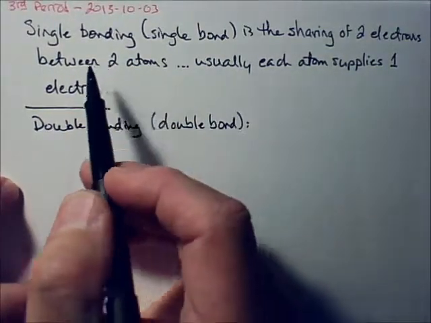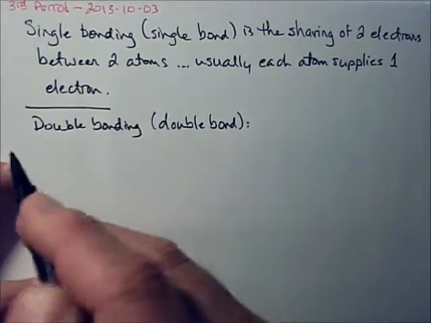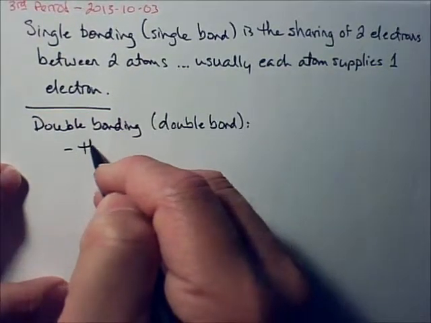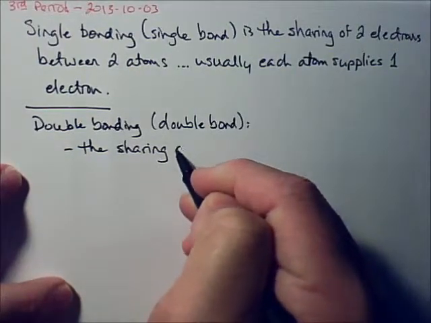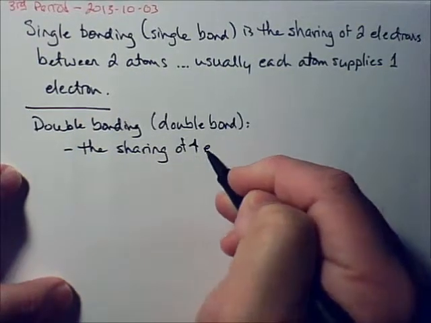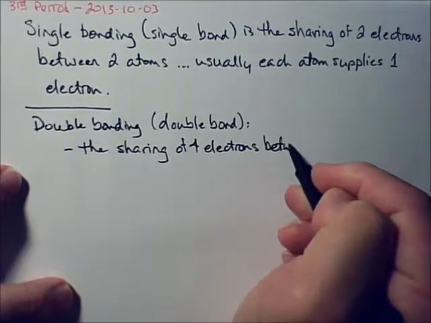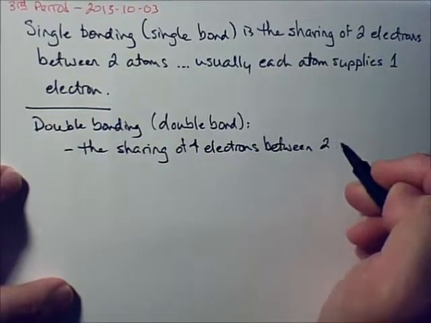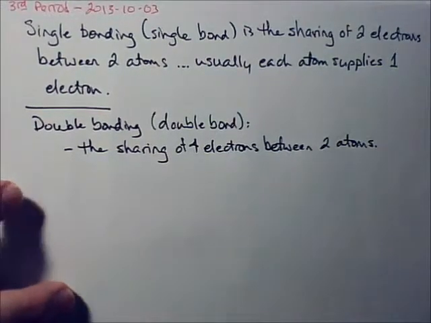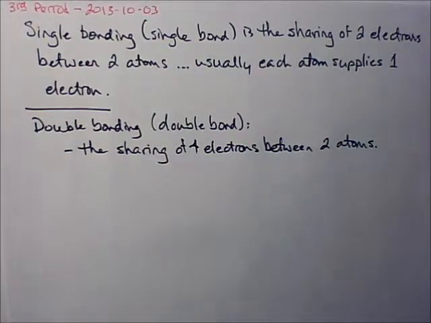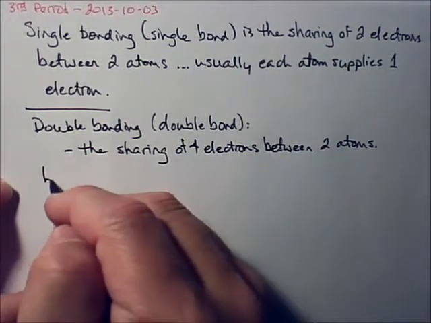Okay? And so single bonding is the sharing of 2 electrons between 2 atoms. Double bonding is the sharing of 4 electrons between 2 atoms. So hopefully by tomorrow we'll get to triple bonding. How many electrons would that be? 6. Good. So what we want to do is look at formaldehyde.